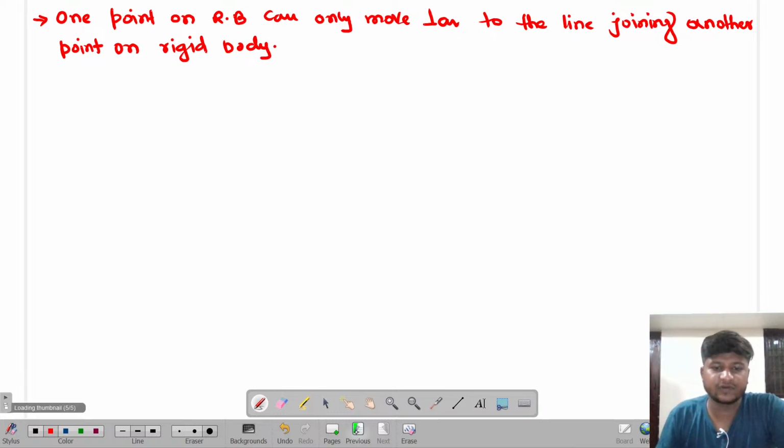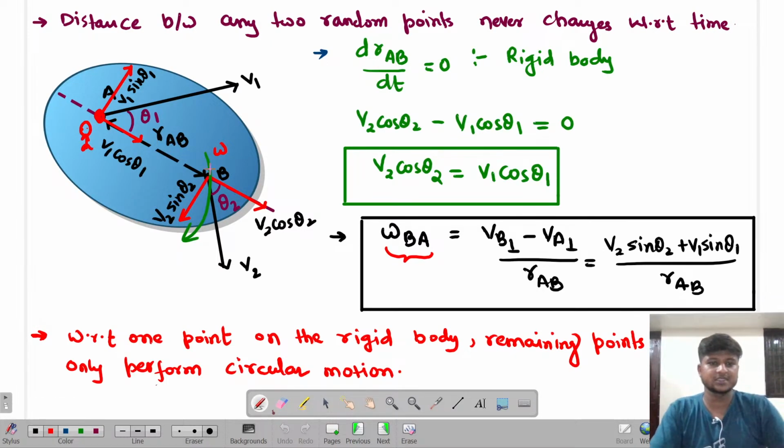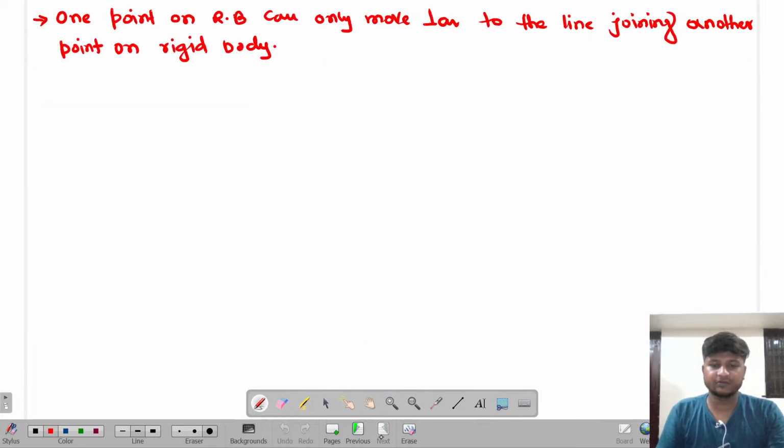If I select any line joining two points, B is only going to rotate with omega. That means it is moving perpendicular to A all the time. Are you able to get me or not? So this is the only criterion: in a rigid body, any point with respect to another point should always move perpendicular. Are you able to get me or not? Is that clear?